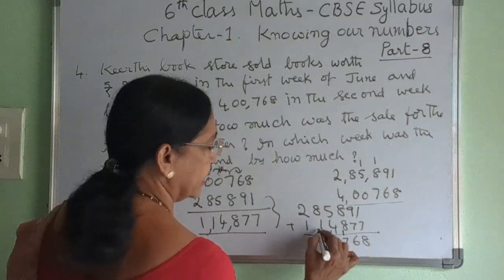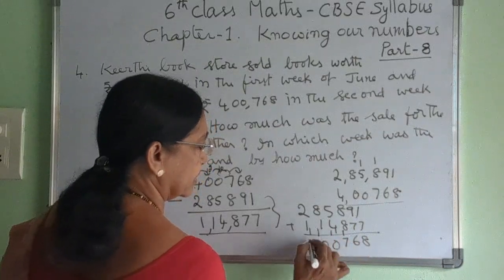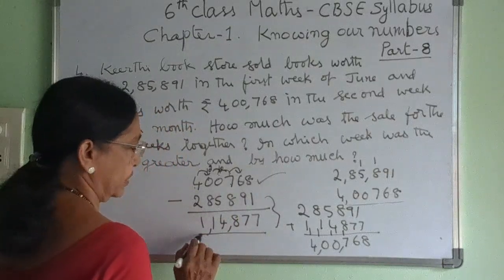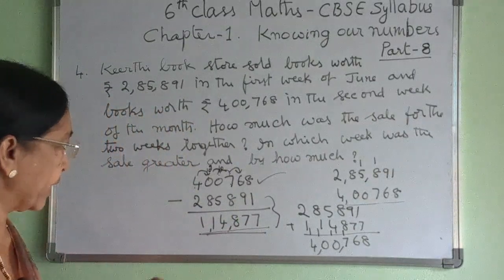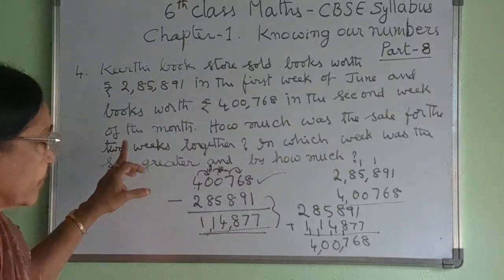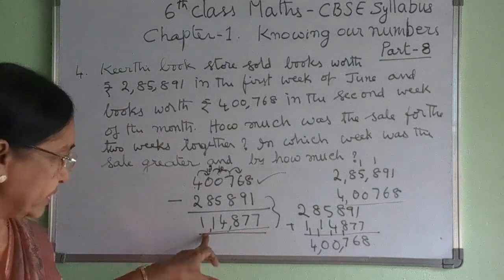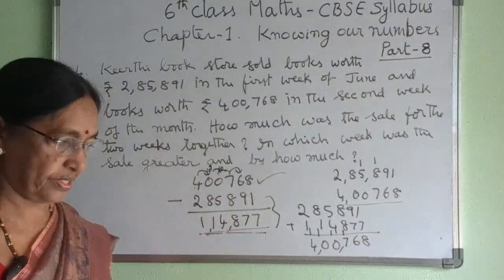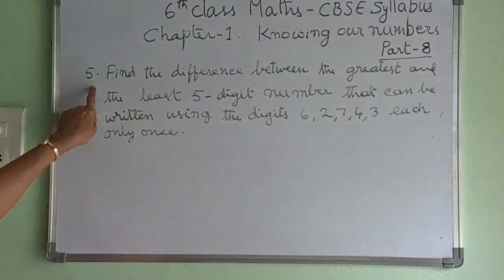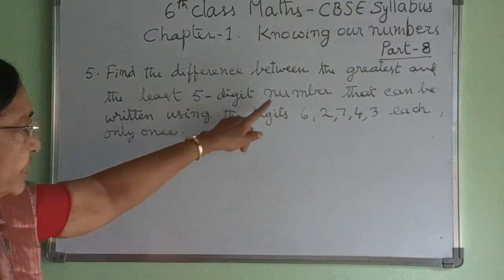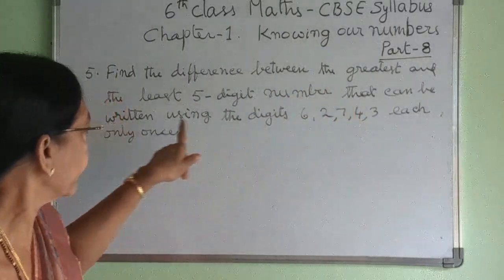This is 10, this is also 10, this is 4. 4,00,768. So this answer is correct. By how much the sales is greater in the second week than the first week means 1,14,877 rupees.